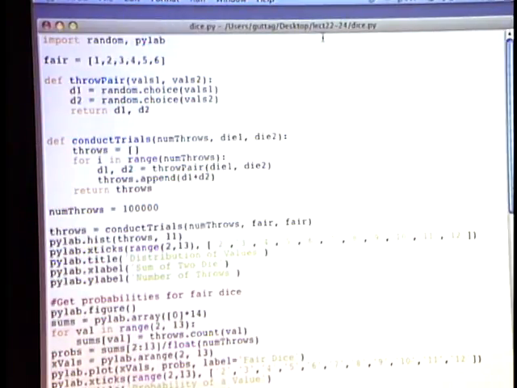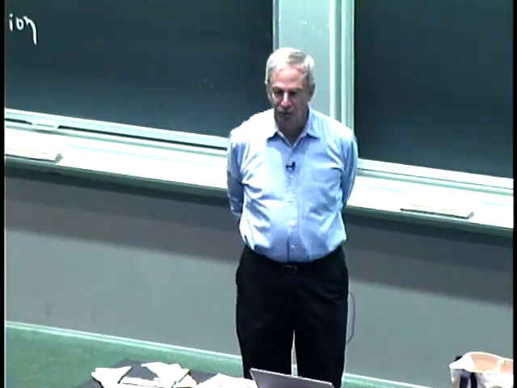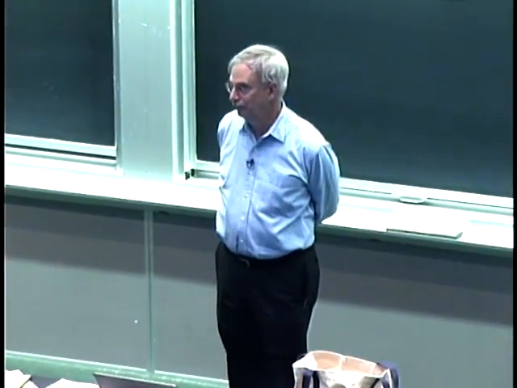And I'm going to throw a pair. You can see it's very simple. I'll take D1, first die is random.choice from vals1. D2 will be random.choice from vals2. So I'm going to pass in 2 sets of possible values and randomly choose one or the other and then return them.